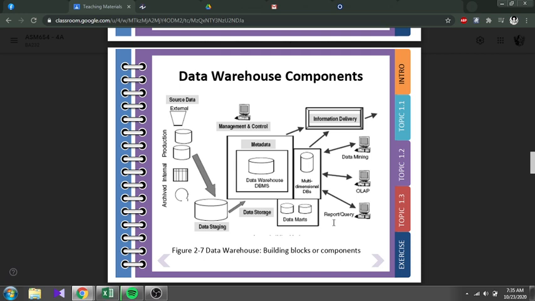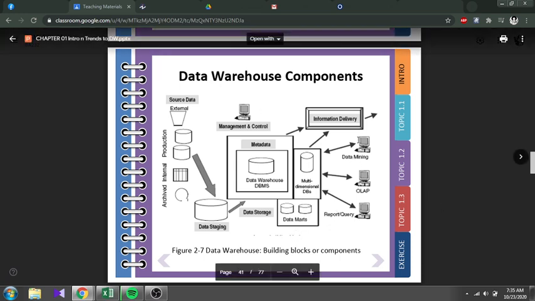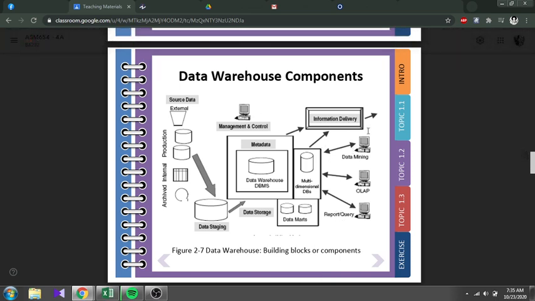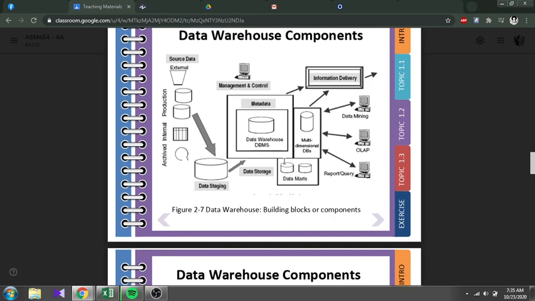Ada data marts juga. And then from every computer in our organization have access to this information: query, mining or delivery. Okay, there's one person yang akan control this data warehouse, mostly a database analyst, database manager yang akan control this data warehouse.